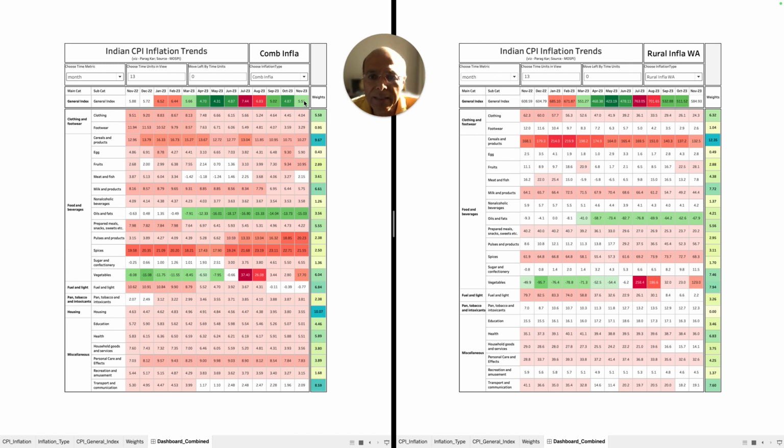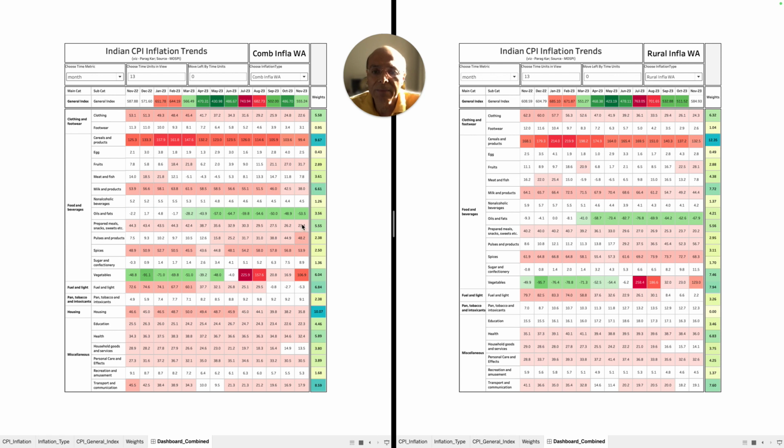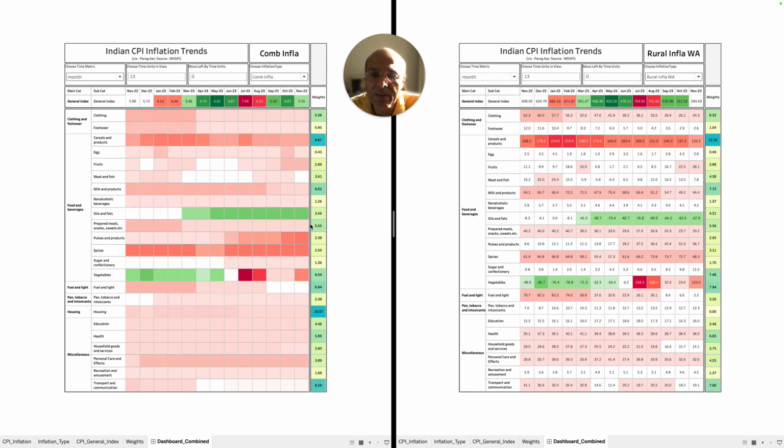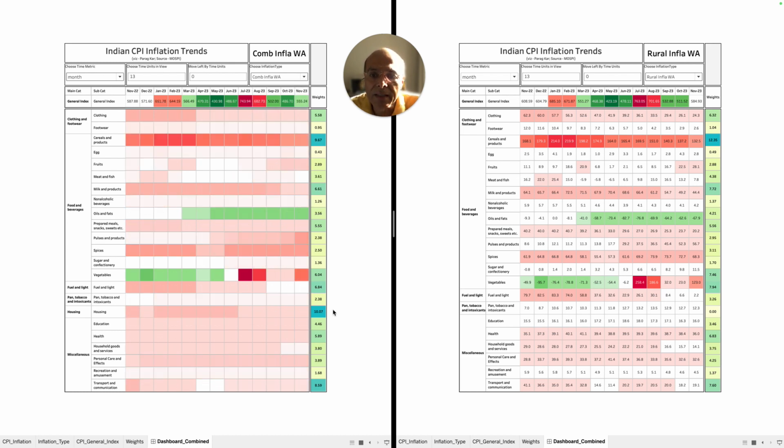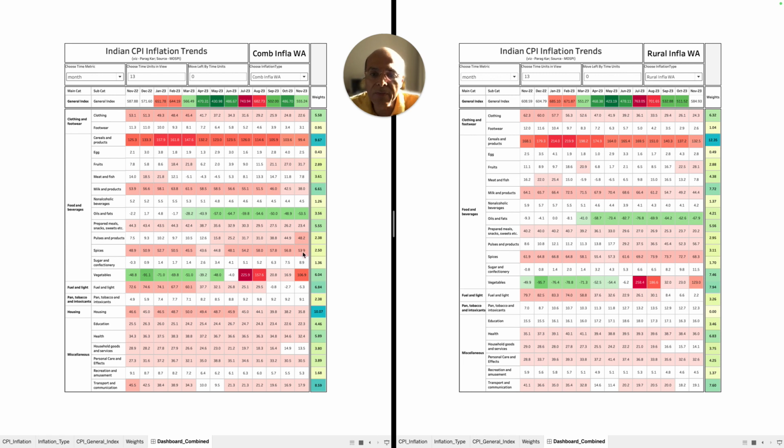So instead of using the absolute inflation, I am using a weighted average inflation. The weighted average basically means the percentage contribution. If you look at spices, the absolute inflation was 21.55, but the weighted average contribution of spices is only 59.9 basis points, right?